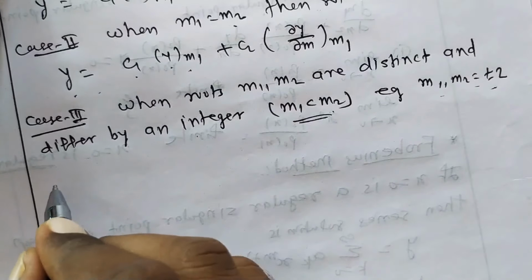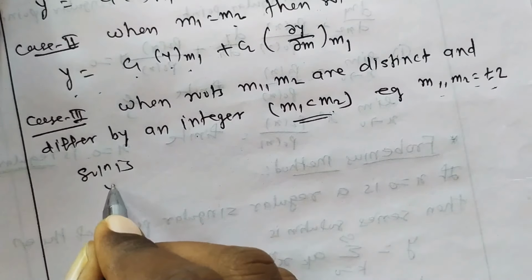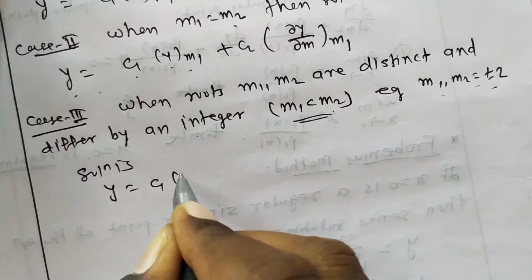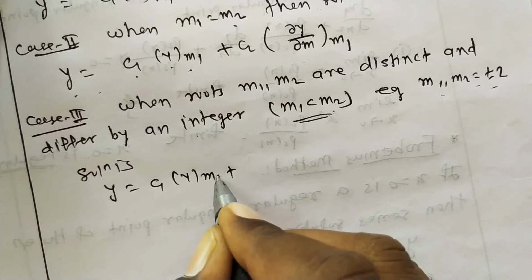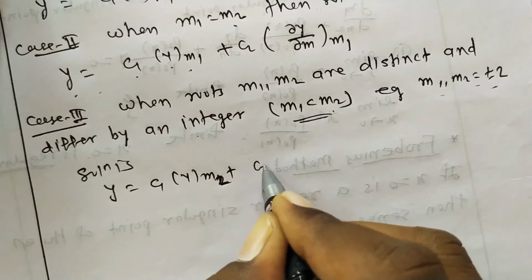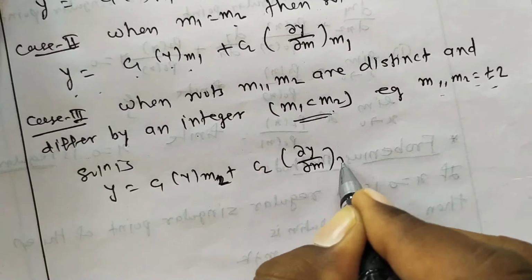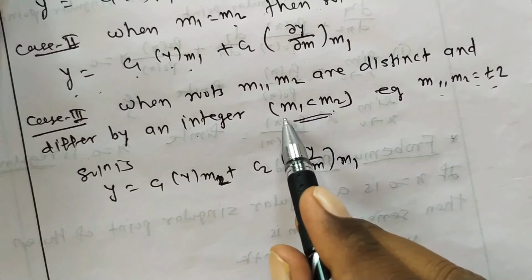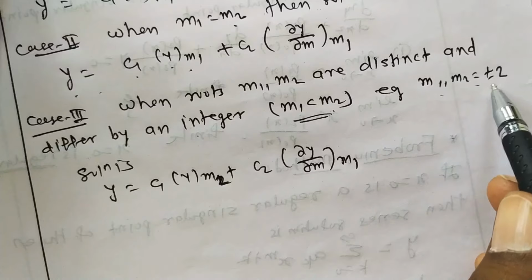Then we can take the solution of the given differential equation as y is equal to c1 into y at m2 plus c2 into ∂y by ∂m at m1. Here, for the lowest root, for example if plus or minus 2 are the roots, minus 2 is less than 2.